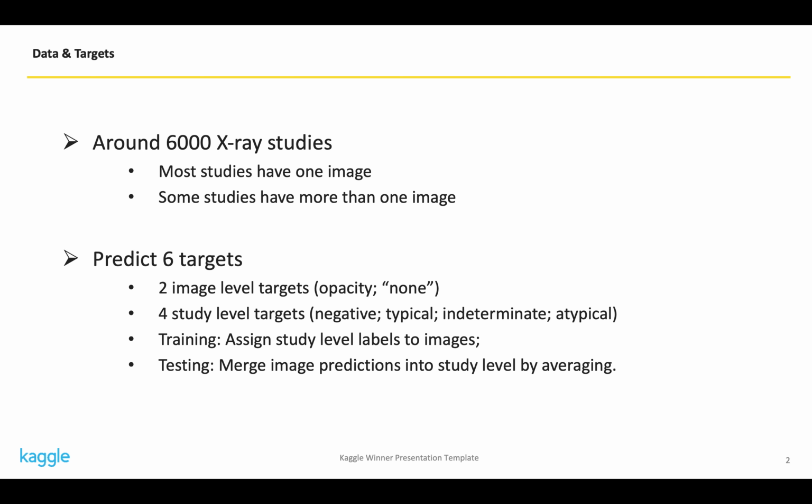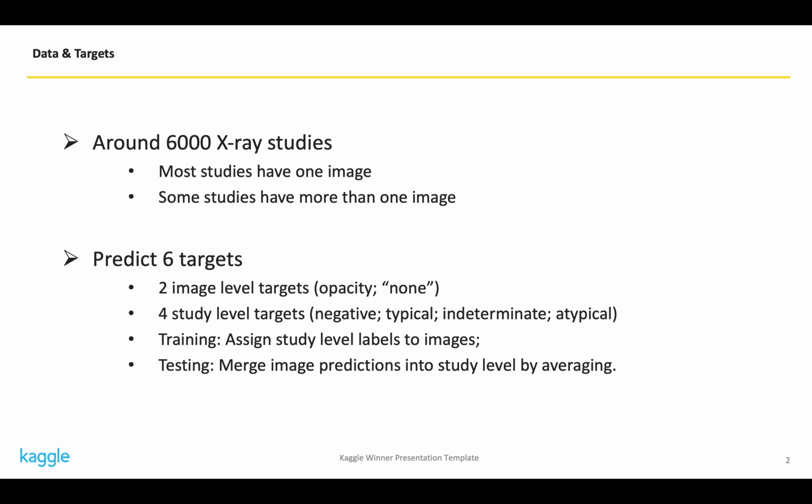In this competition, we have around 6,000 X-ray studies, and most studies have only one image, and some studies have more than one image. In total, we have 6 targets to predict.